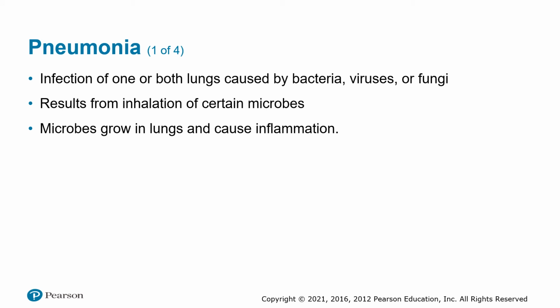Okay. Pneumonia. This is an infection in either one or both of the lungs. It can be caused by bacteria, a virus, or fungal. It's caused by inhaling microbes. And then those microbes, because the lungs are wet, moist, and dark, will start to grow and cause inflammation.